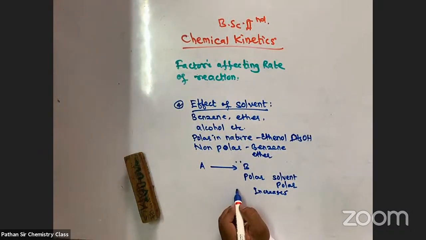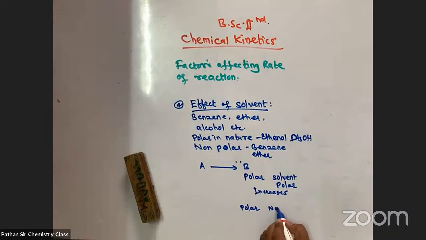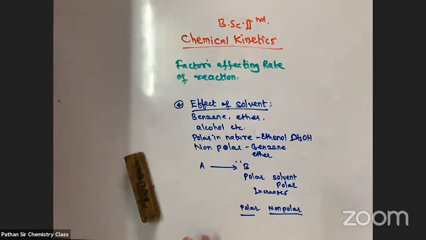And if the product is polar and the solvent is non-polar, it does not help in increasing the rate of reaction, or the rate of reaction may decrease. This is very short term.